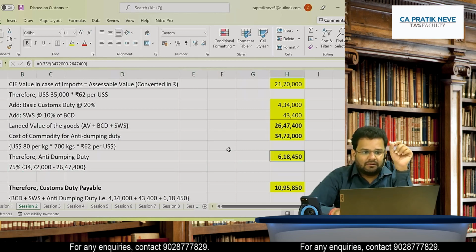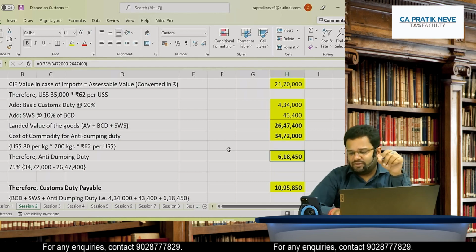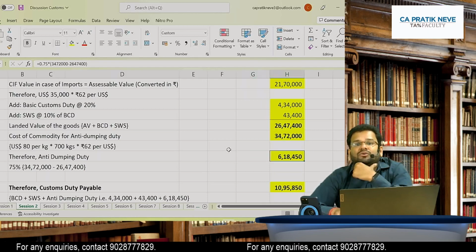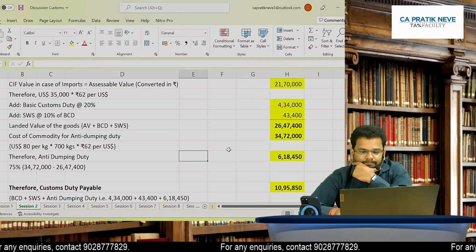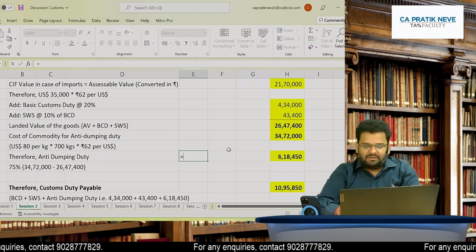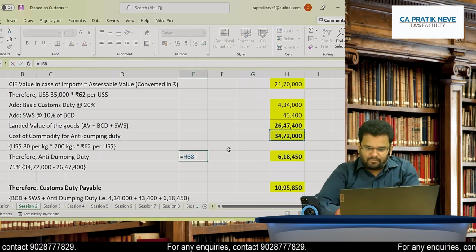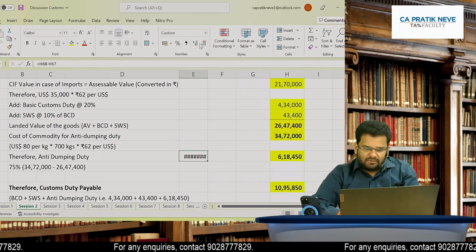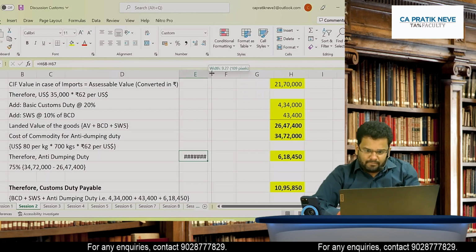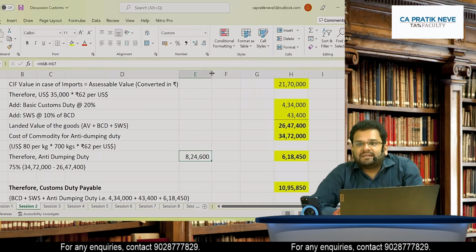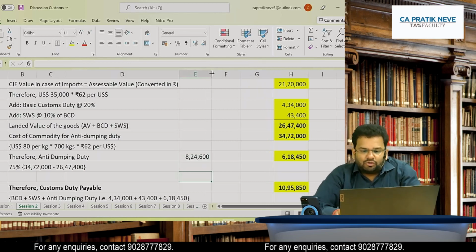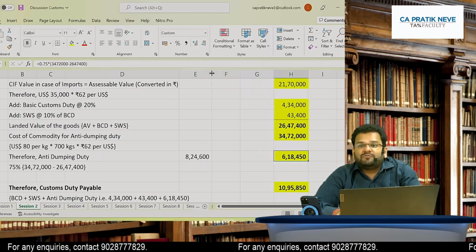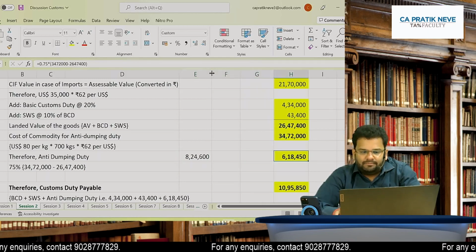Of that, sorry, the 75% figure itself is 6,18,450. The actual difference was 8,24,600, but they want to charge only 75% of that as anti-dumping duty.